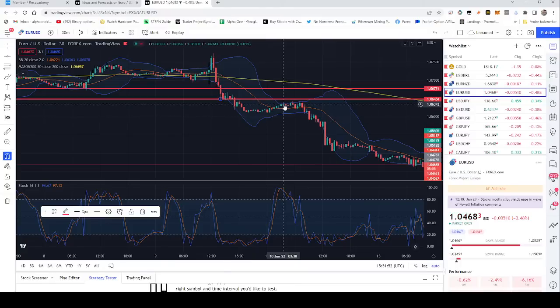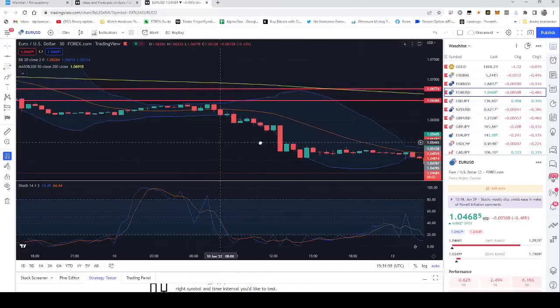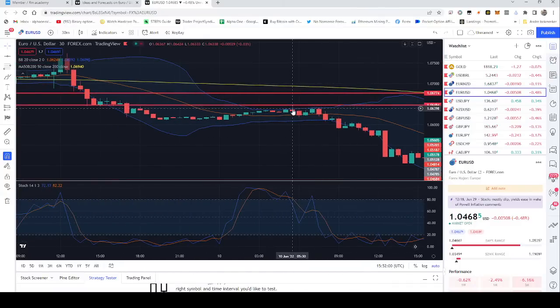Here you can see we went out of the Bollinger Band. You can zoom in a little more so you can see better. Here we went out of the Bollinger Band, and you can see we are crossing down with the stochastic. We are still above here, so all this area up here is good for us.